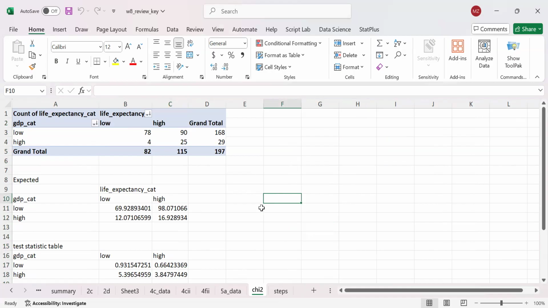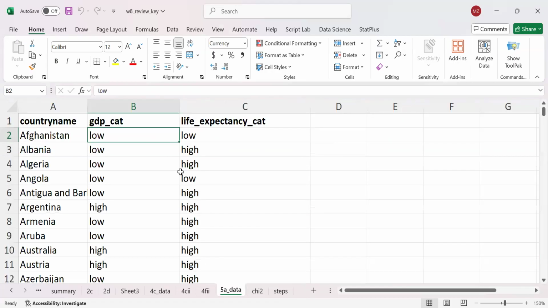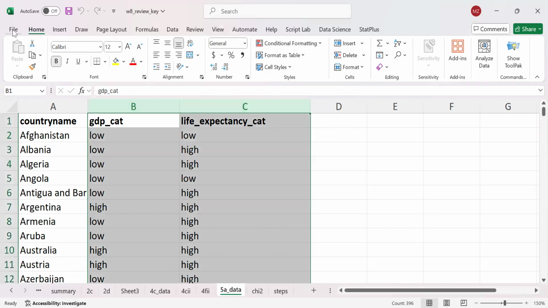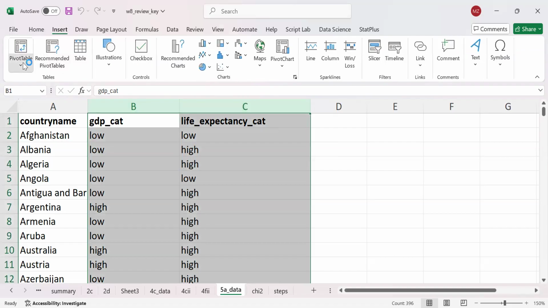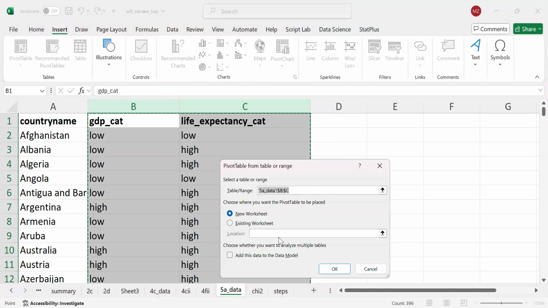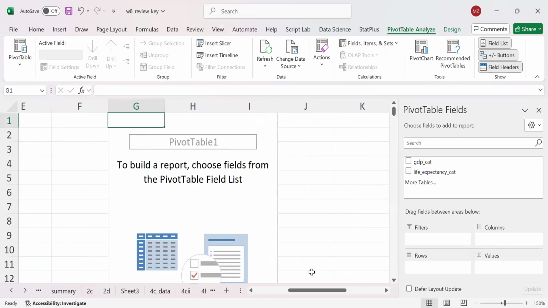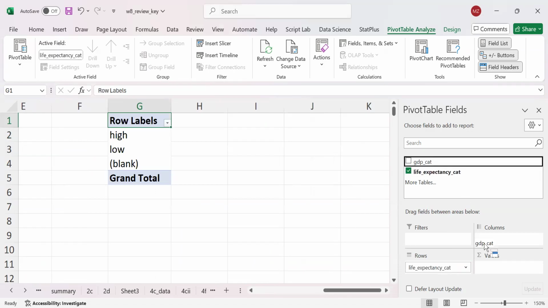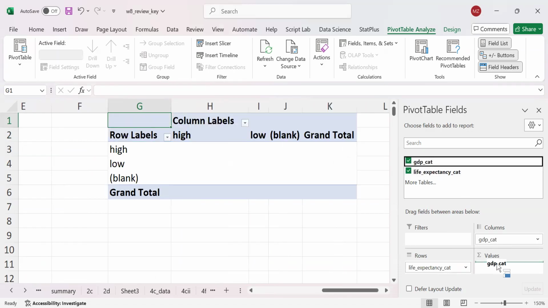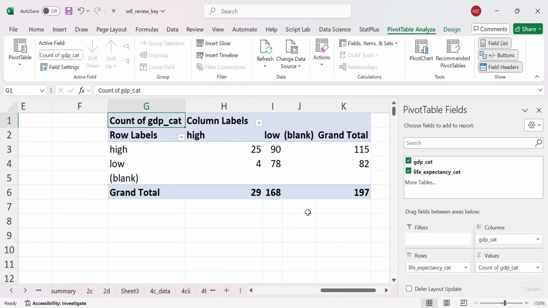The way I'll quickly show you, you can select these two columns and say insert pivot table from table range. Then you can select one of these as the rows and the other as columns, and then use one of these as values, and it will give you this. So high, low, right?